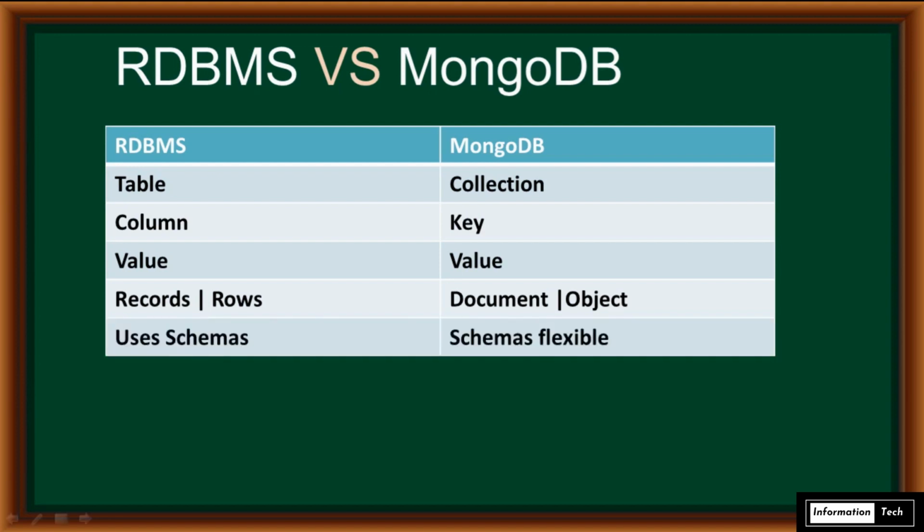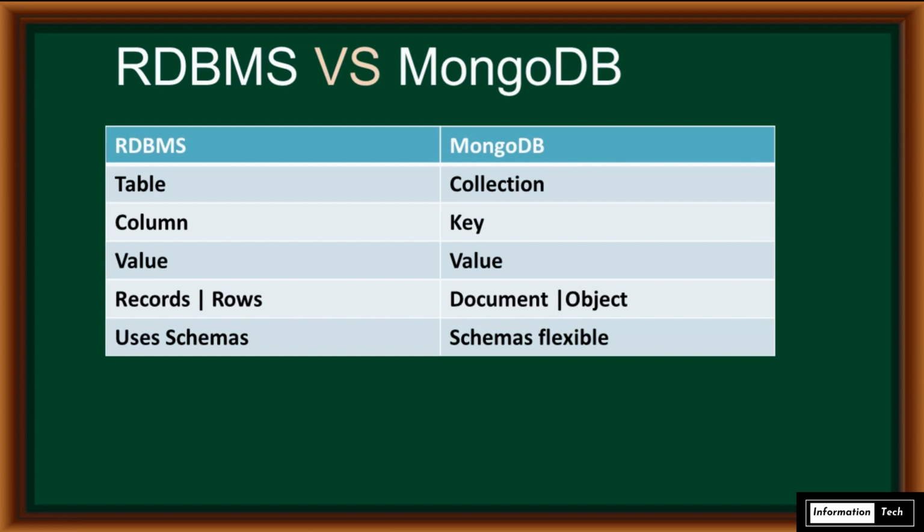Another key difference between the relational database management system and MongoDB is that with a relational database, the data models have to be in schemas. While in MongoDB, the schemas are flexible, so the collections do not enforce document structure.